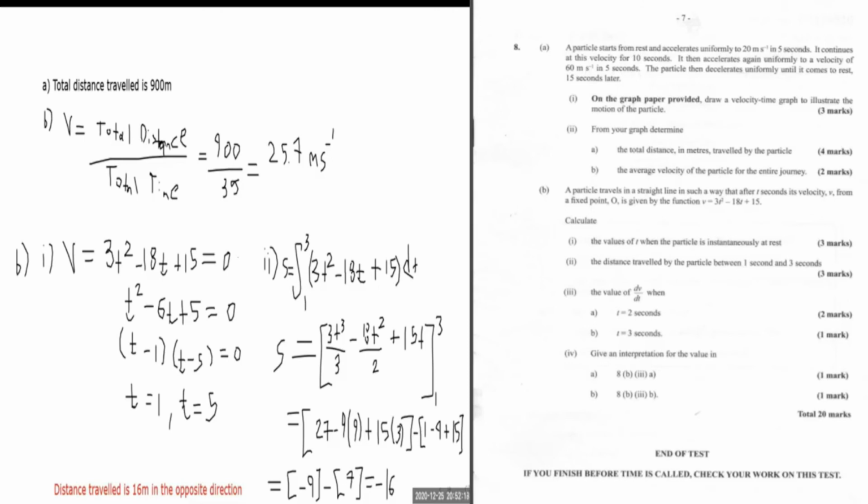Now part 3 of the question. Part 3 says, find dv by dt when t equals a given value. So dv by dt is what we get when we differentiate v: we bring down the power, so we get 6t minus 18. That's dv by dt.